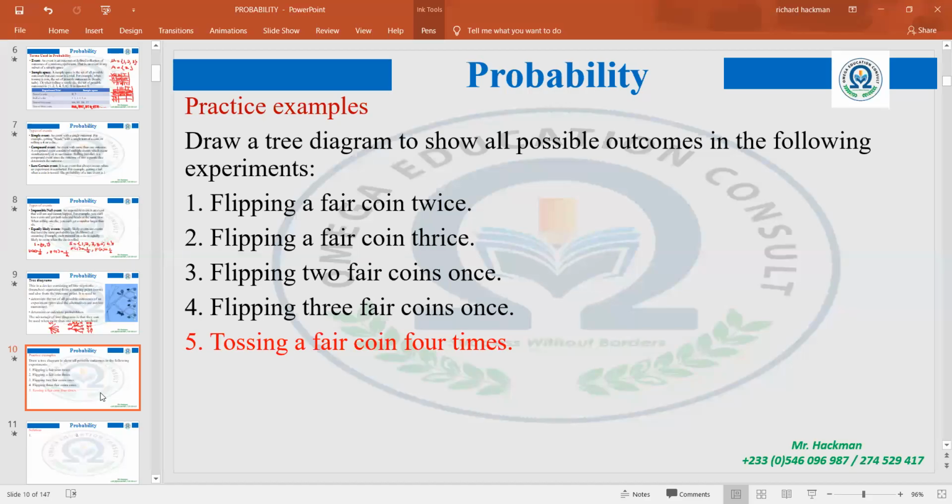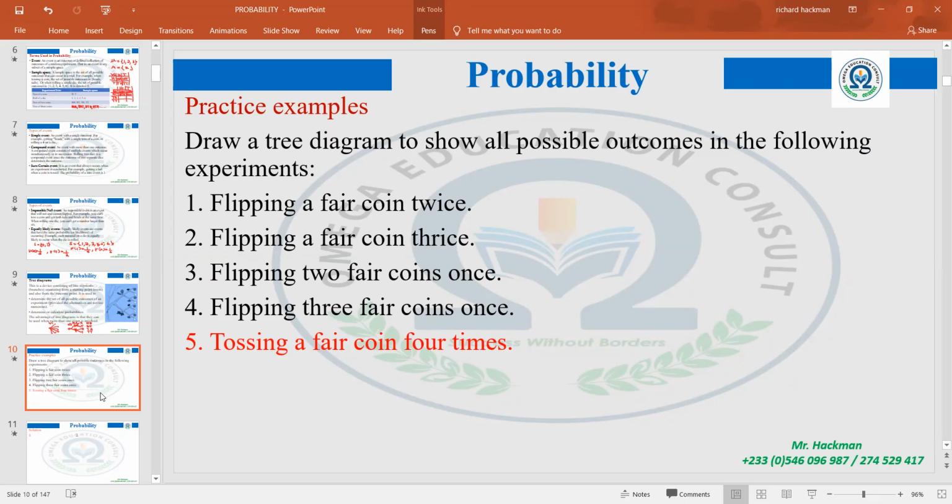This is what we have as our practice example. Draw a tree diagram to show all possible outcomes in the following experiment. Indirectly, we've done the first one: flipping a coin twice. Then 2, flipping a fair coin twice or 3 times.